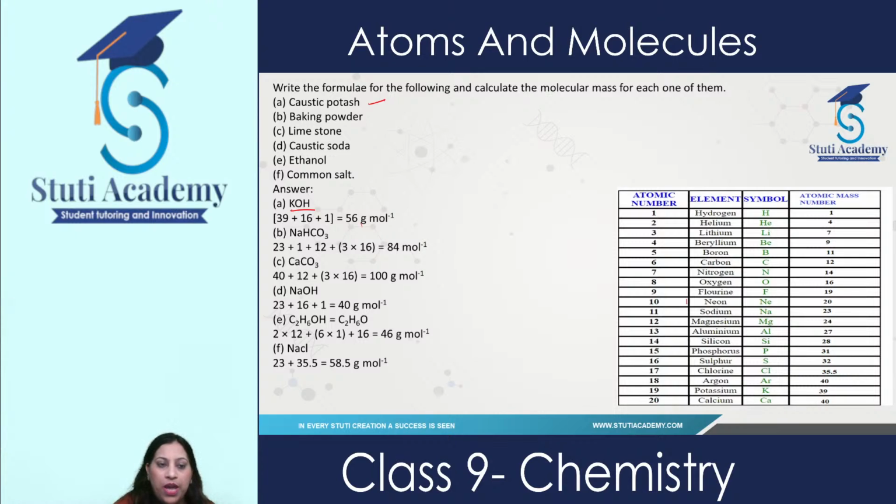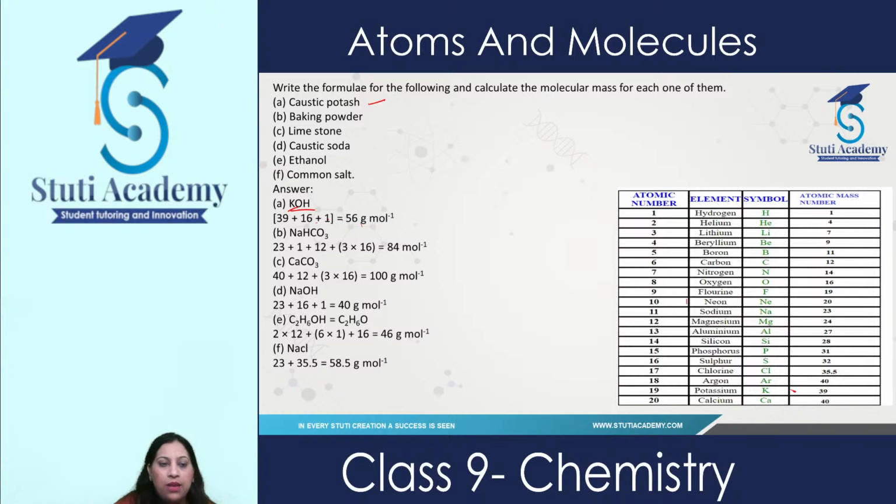So KOH is the formula of caustic potash. How can you calculate its molecular mass? Just write down their atomic masses. K is 39, plus oxygen 16, hydrogen 1, and we get 56 gram.